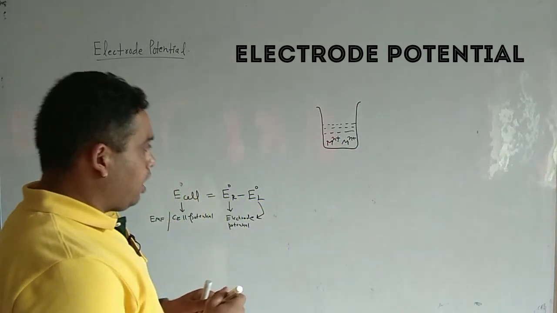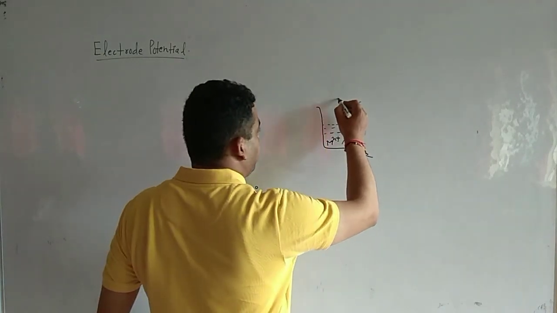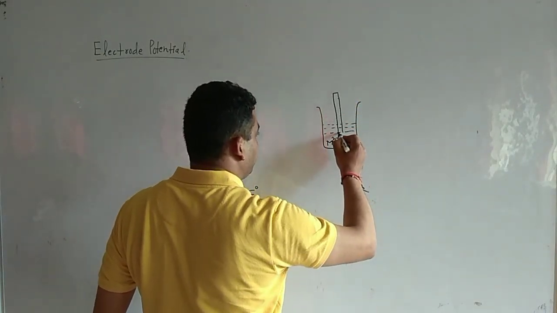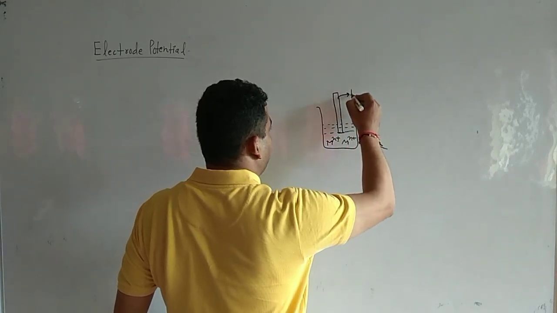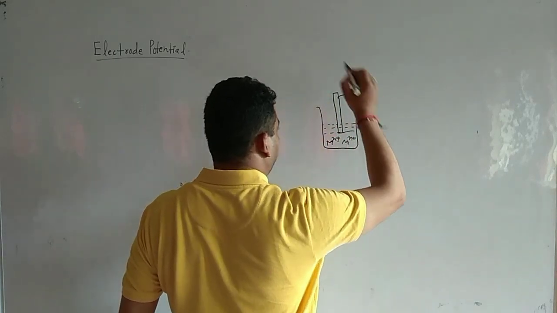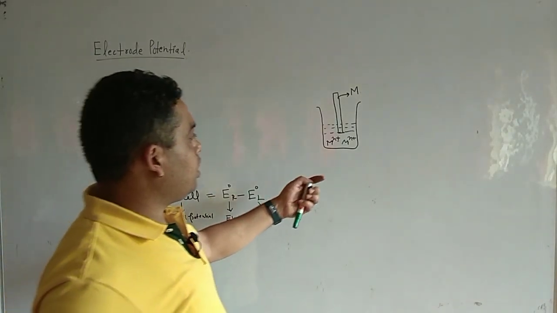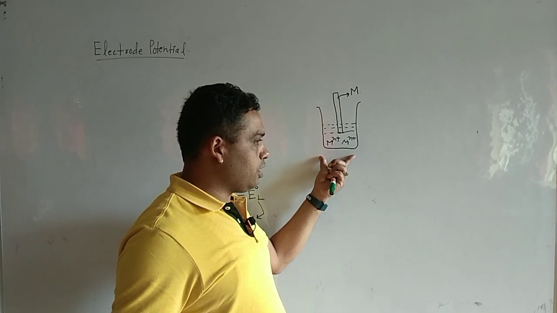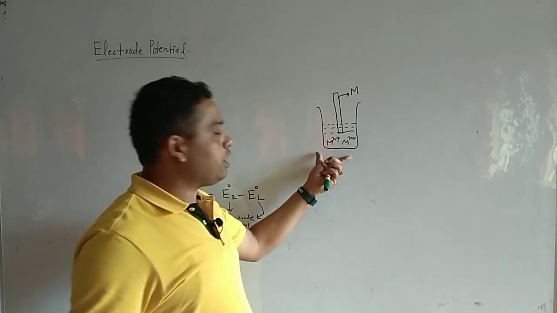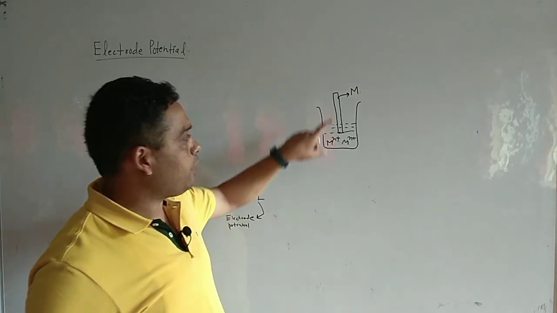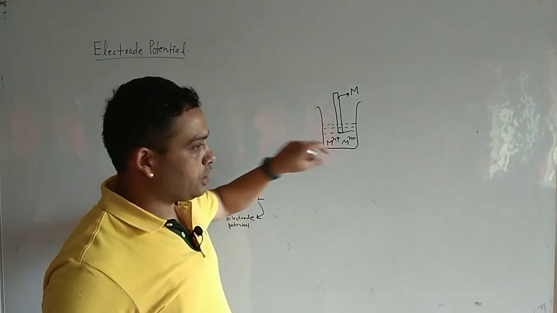In this I have dipped an electrode which is also made of metal M. It is mandatory that if you dissolve a particular metal in this container, your electrode should be of the same metal. Your metal and your metal ion should be the same.